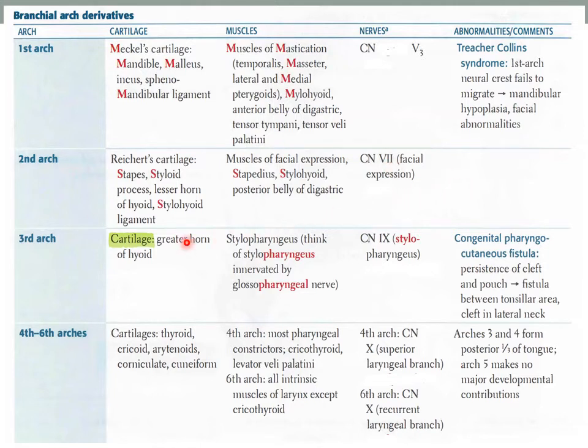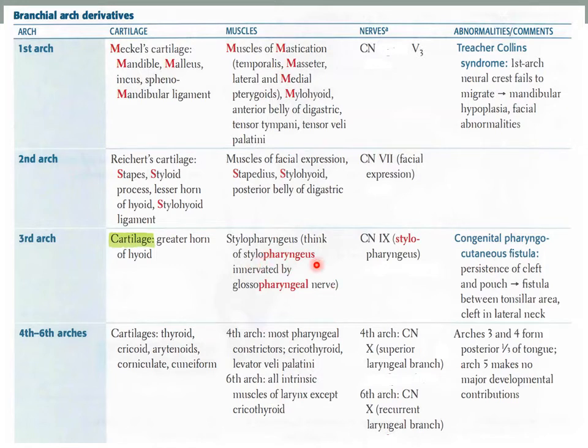Okay. The third arch: the cartilage ossifies to give the greater horn of the hyoid. The muscle given by the third arch is the stylopharyngeus. Think of stylopharyngeus innervated by glossopharyngeal nerve.